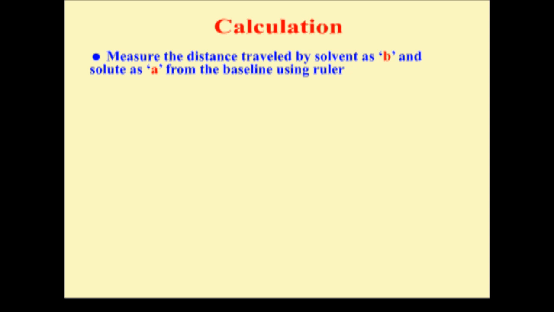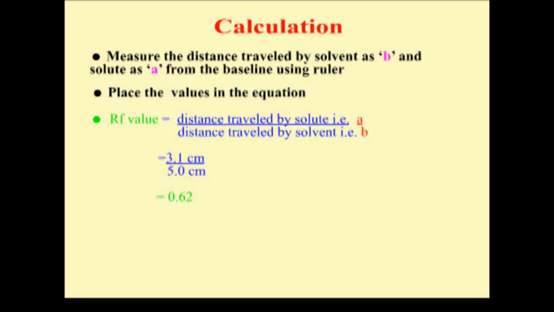As shown in the video, measure the distance traveled by solvent, B, and solute, A, from the baseline using a ruler. Place the values in the equation. RF value is equal to distance traveled by solute upon distance traveled by solvent, that is A upon B. Here it is 3.1 upon 5 centimeter, which is equal to 0.62.